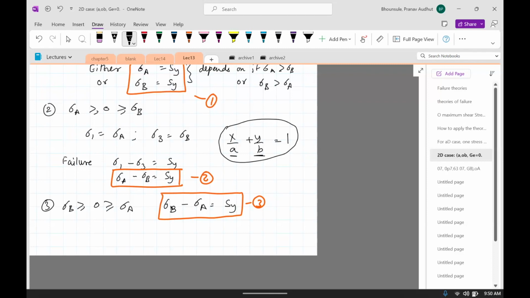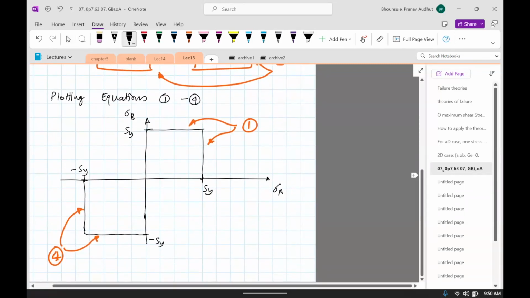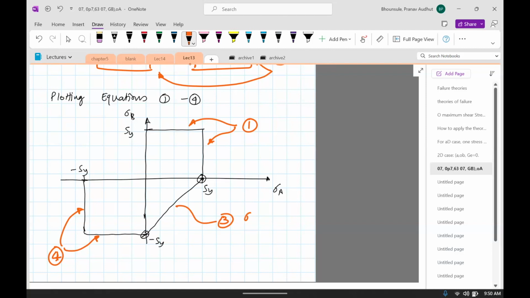So if you divide the whole thing by Sy, this will intersect the sigma A axis at plus Sy and the sigma B axis at minus Sy. And so it will be this line. So this is number 3, sigma A divided by Sy minus sigma B divided by Sy equals 1. You can see that the intercept is positive Sy, and the intercept is negative Sy for B.